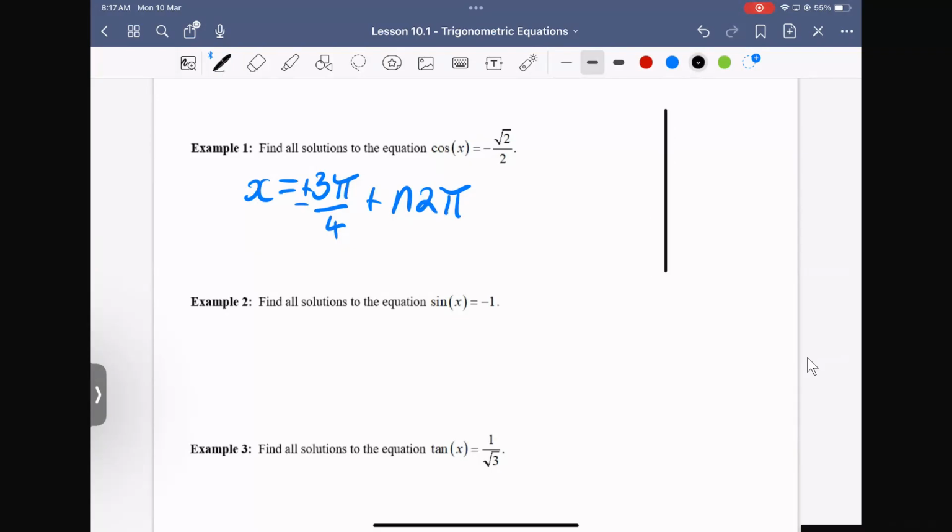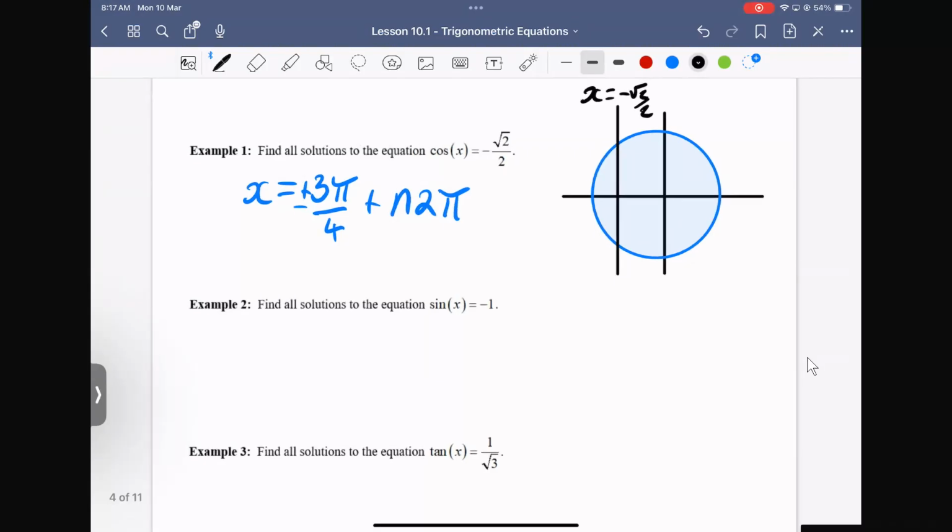Let's have a little look on the unit circle. What we want is the cosine of x, the x coordinate in this case for the unit circle, to be minus 0.7, so x is equal to minus root 2 over 2.